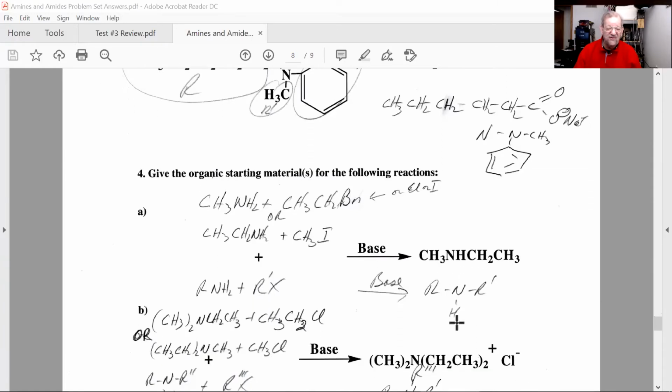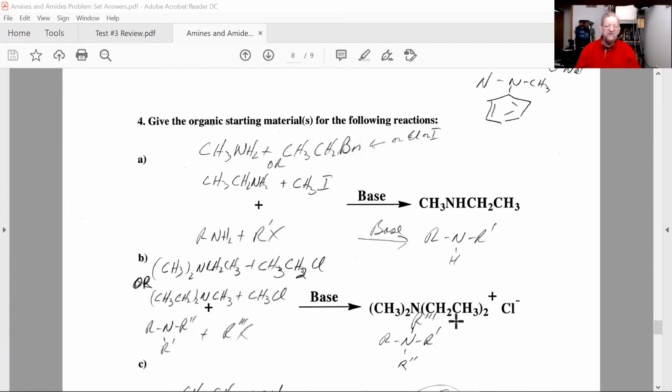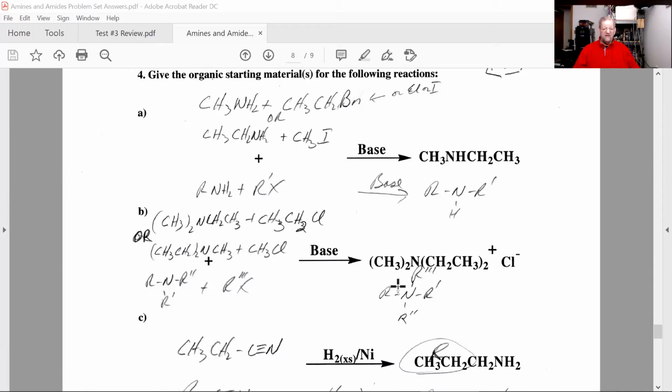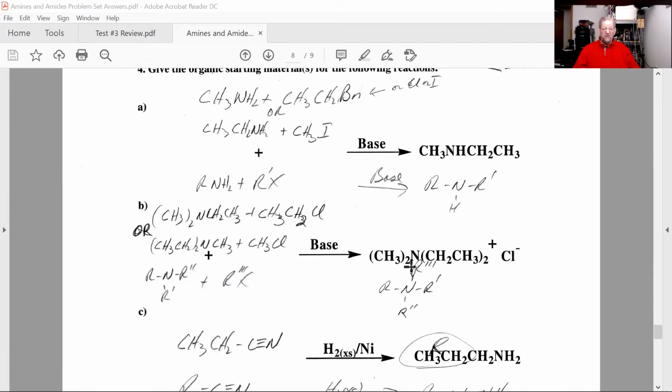And then, just to have some fun, I threw in some synthesis problems. And the important thing to remember, in certain syntheses, there might be two different ways to do it. And if we look at, say, B, what do we have? Quaternary ammonium salt. I forgot the X here, and the arrow and the base. Wow, it all fell off here. And what do you do? You react a tertiary amine with an alkyl halide.